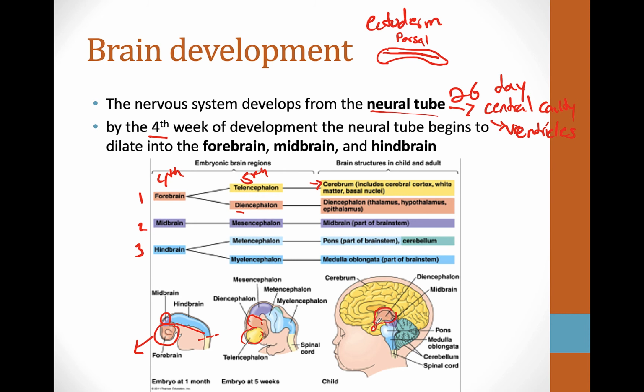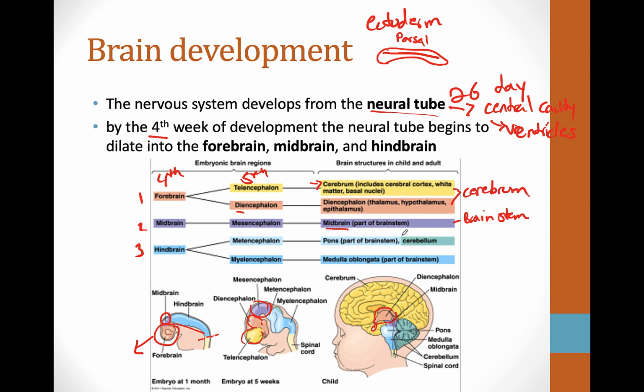It looks like the pituitary gland here. The midbrain stays as one segment. This becomes the mesencephalon right here in the middle, and it's going to stay the midbrain, which is part of the brain stem.